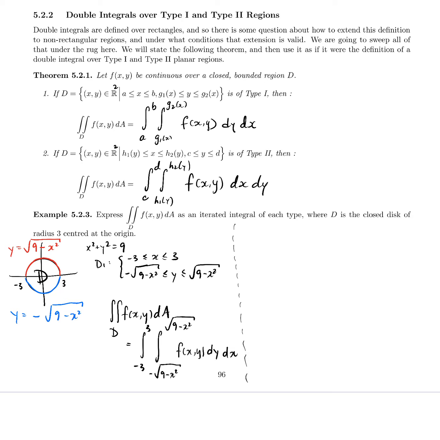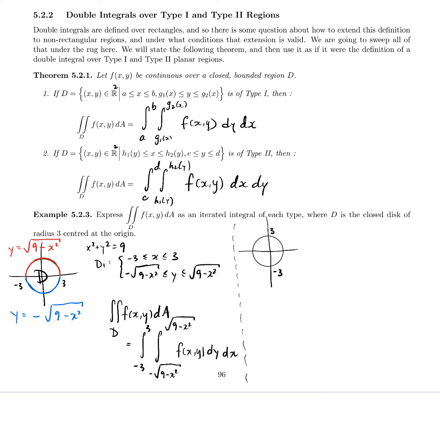Now let's go and rewrite the whole thing as a type 2 iterated integral. So we're going to want to take our disk again. Let's do it in ink that'll stick. And now we have to write this in terms of constants in y.